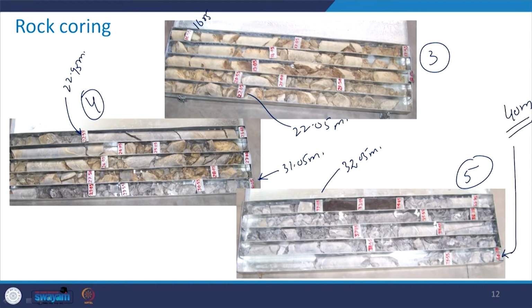That means the depth of that core hole was from the ground surface to 40 meters. So, from 0 to 40 meter, whatever you have got, you have arranged in a systematic manner depth wise in various core boxes, so that it can be transported to the lab for further specimen preparation and testing.